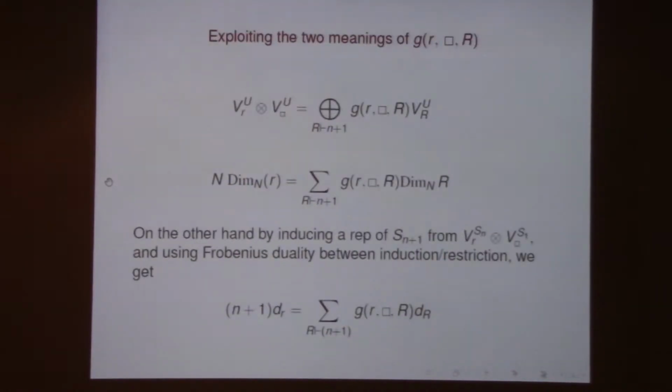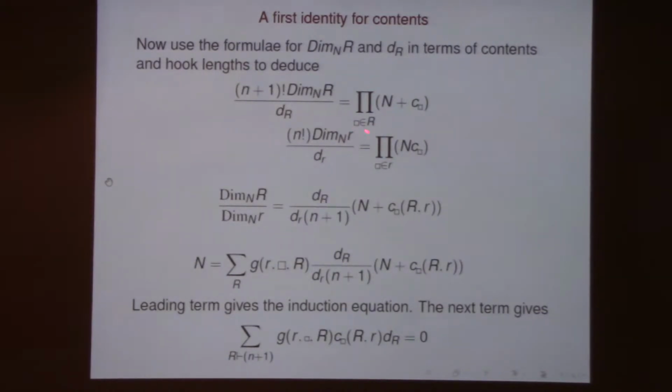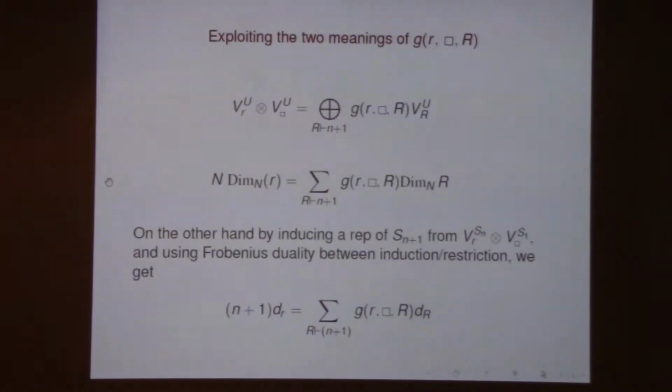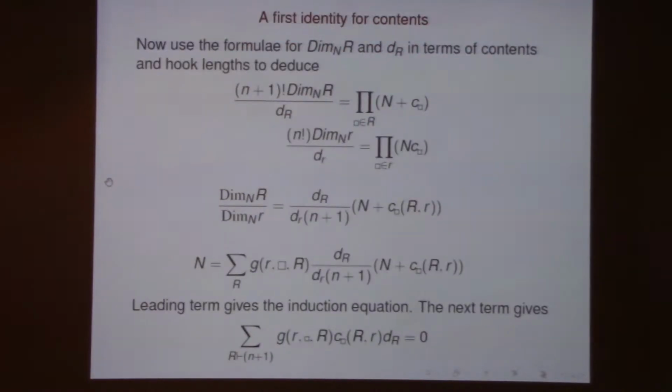But of course, you can make this identity more explicit because there's a formula for the dimension of the representation of UN. If I divide on both sides by this quantity, I will get a ratio of dimensions. It turns out that ratio of dimensions is related to symmetric group dimensions, along with a polynomial which is related to capital N and the contents.